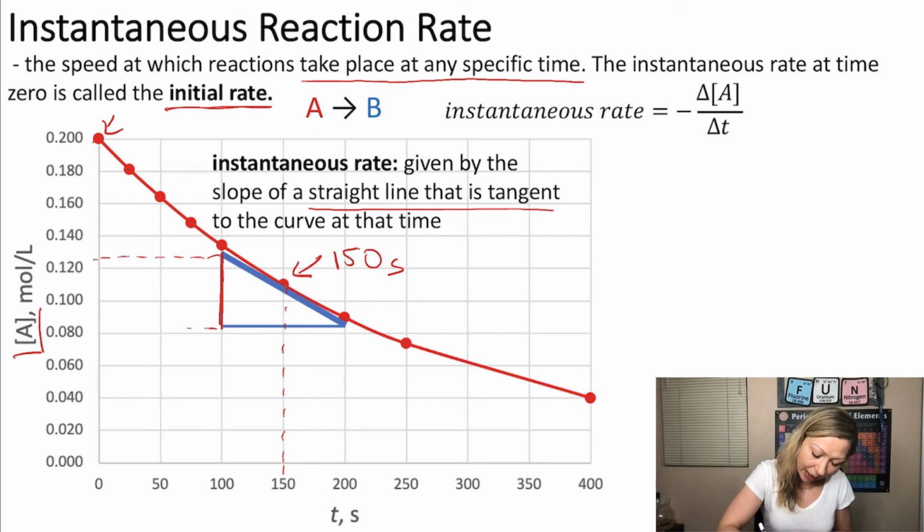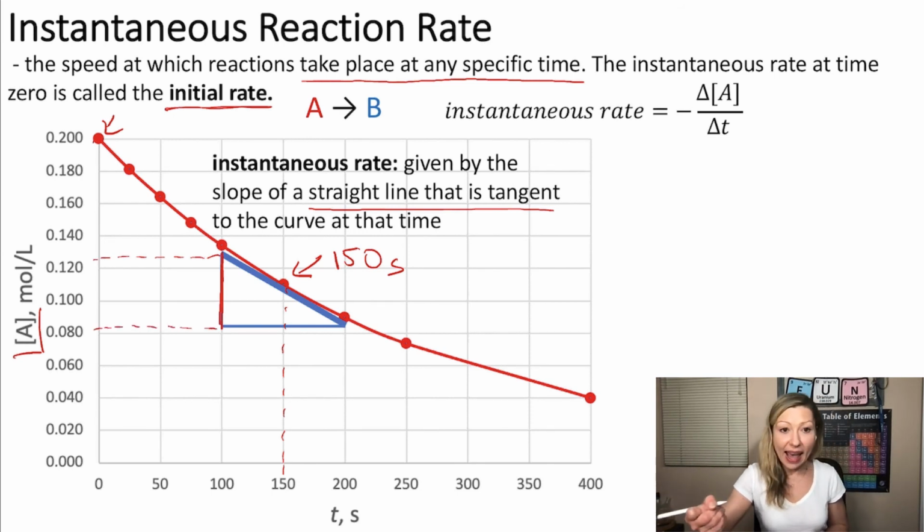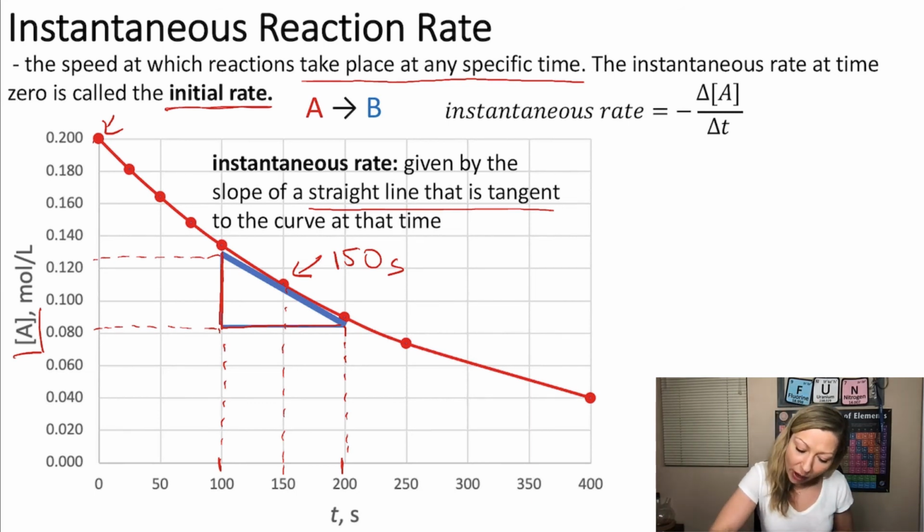So that is my y-axis. And this part right here will represent the change in time, which is my x-axis. And I can simply calculate the slope or the instantaneous rate from these changes. So again, because I'm talking about the disappearance of a reactant, I need to use the negative sign right there.